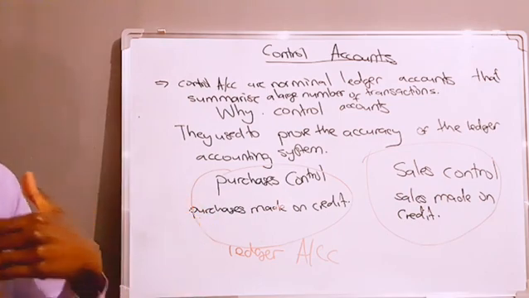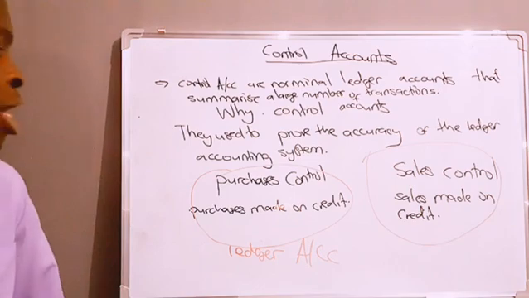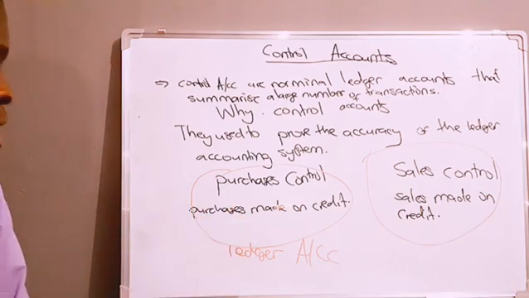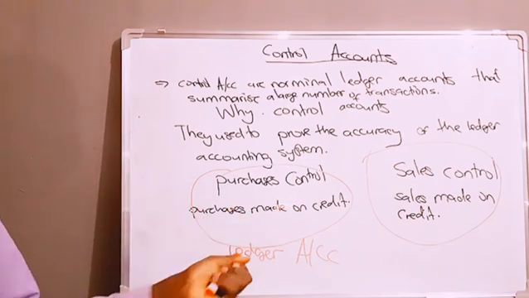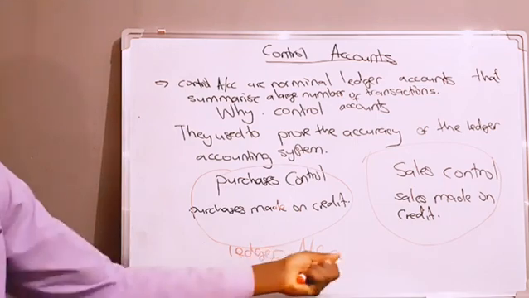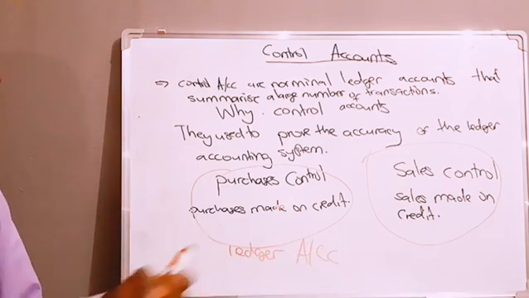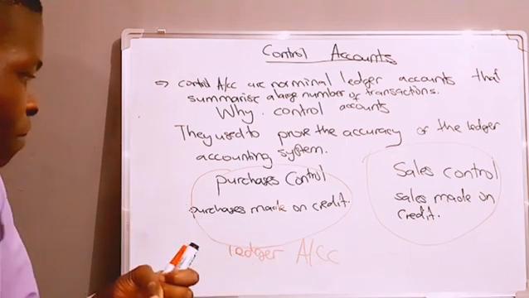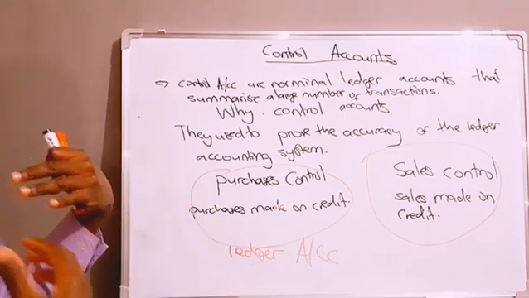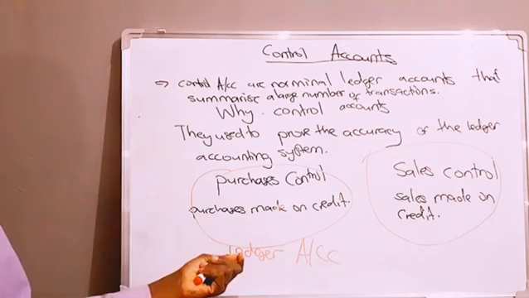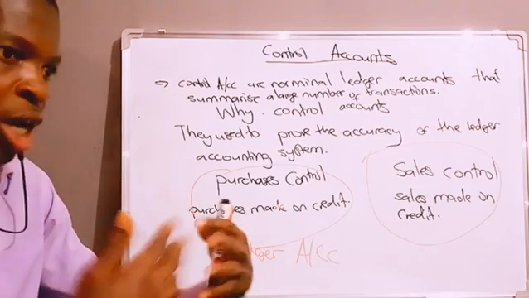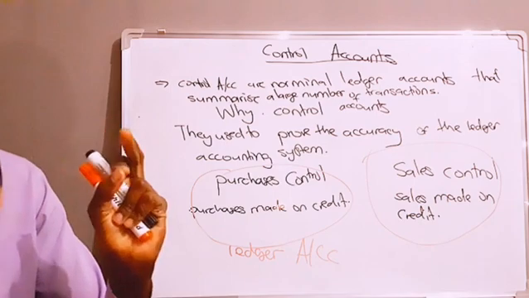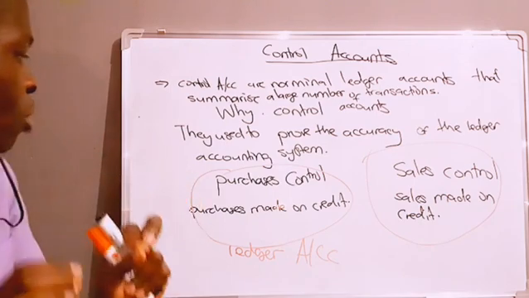If I have a balance owing to the company, I go in there and say, hey Abel, we have 400 US owing. So ledger accounts are used to track single customers. If you have a sales ledger, you use it to trace your customers, so there are single accounts for each individual customer.